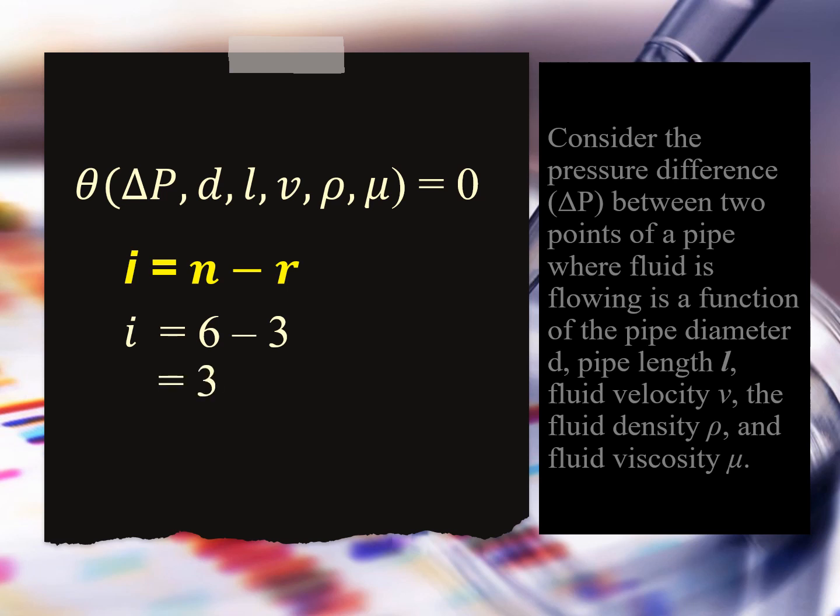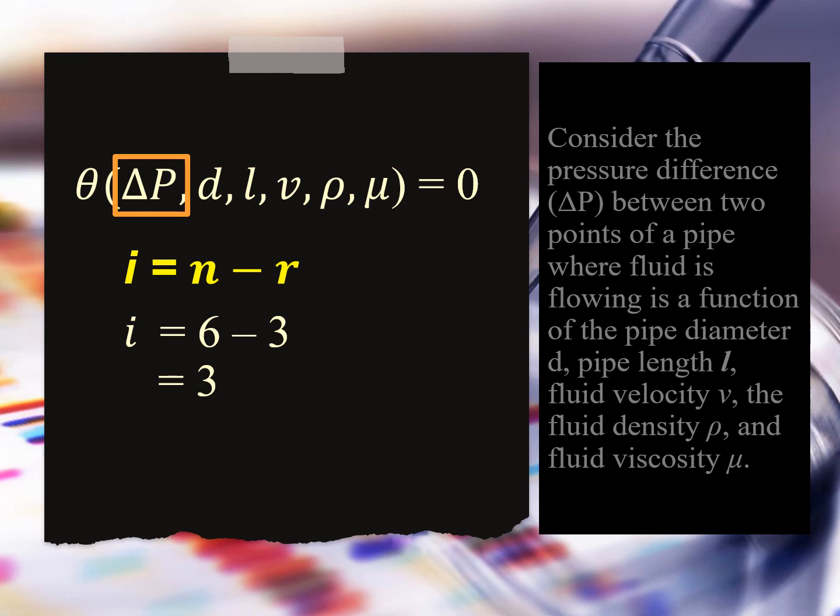The recurring set must contain 3 variables that cannot form a dimensionless group. Since, based on the problem, change of P is the dependent variable, it would be more appropriate to place it in only one group, obviously not in the recurring set.